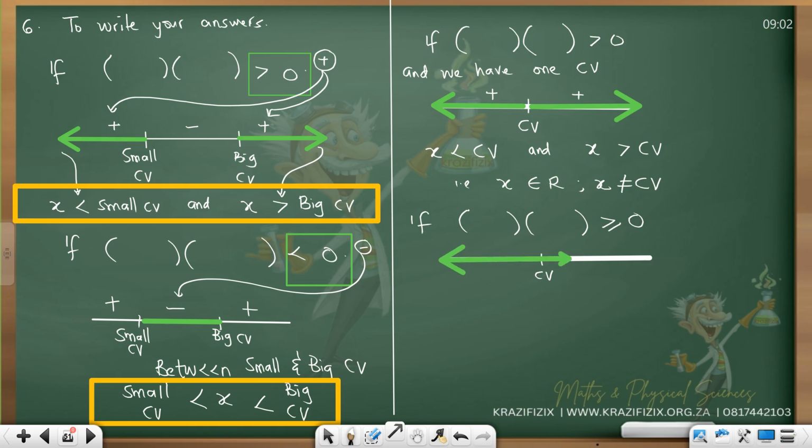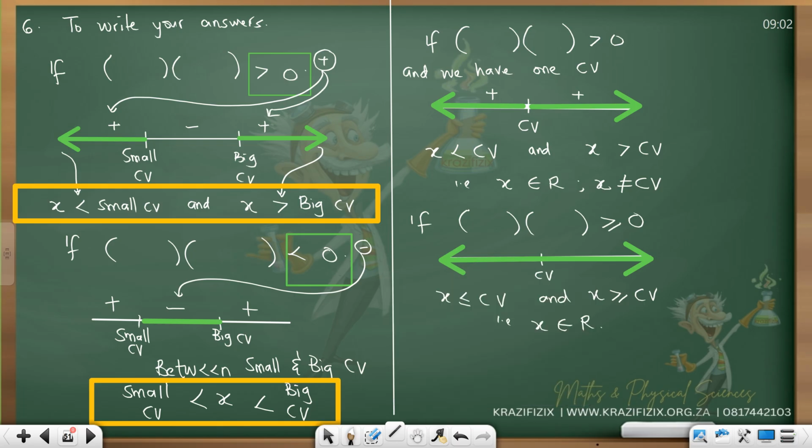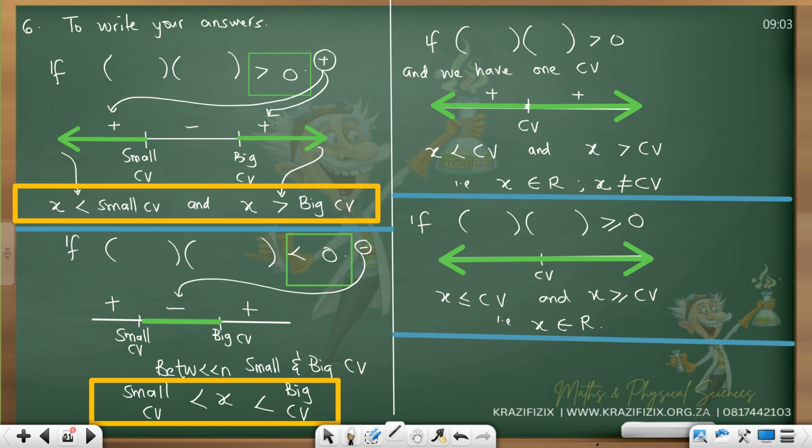It's all overlaid from negative infinity to positive infinity. So x is less than or equal to the CV, and x is greater than or equal to the CV. That is, x is an element of R because of the inclusivity. It's inclusive. I think let me try to put some lines here. And do the last one here as well.